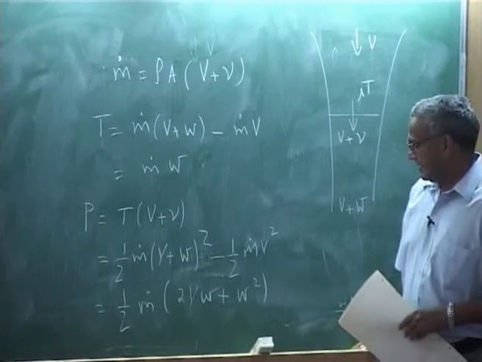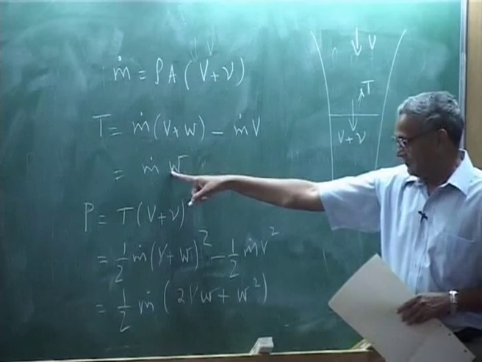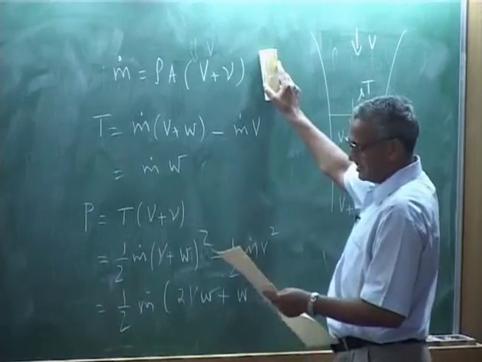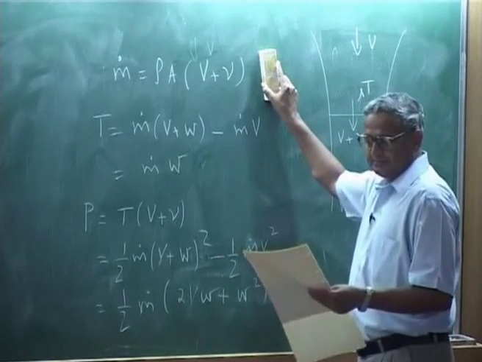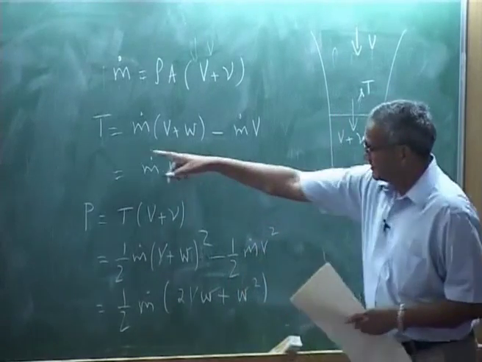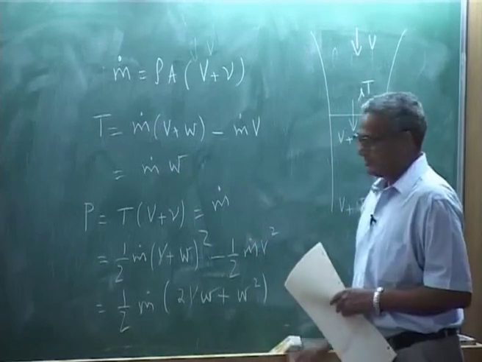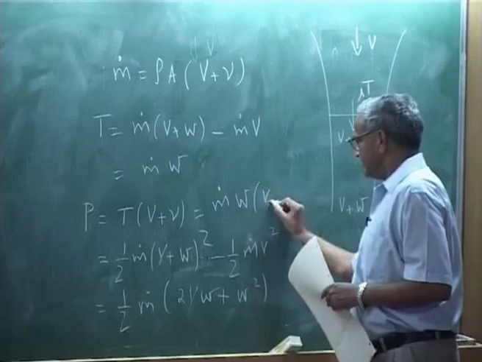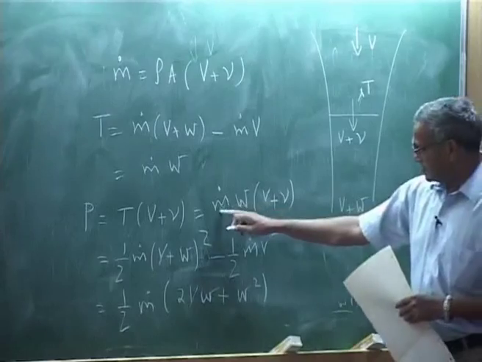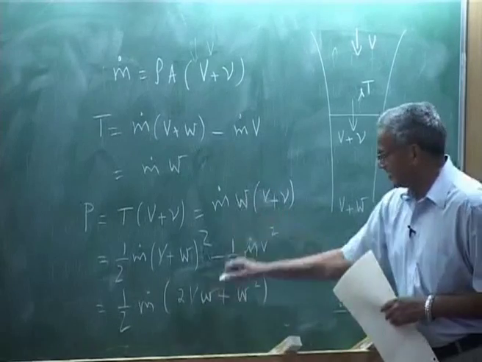Okay. Now, substitute m dot here, okay, and then you will have, maybe I erase here. Okay. This is what m dot is, you put this, m dot W into V plus nu. Okay. Now, you see m dot V W, m dot V W, they will cancel.